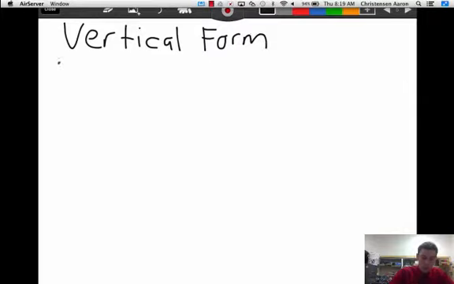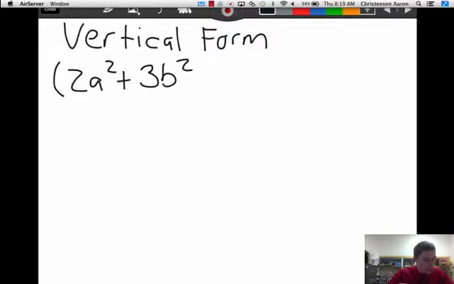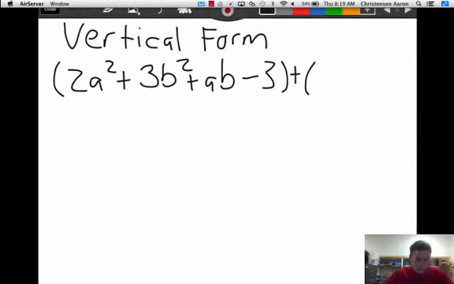If we have two polynomials, so we have 2a squared plus 3b squared plus ab minus 3 and 6a squared minus b squared plus 1. If we add those two polynomials together, first we have to find our like terms.